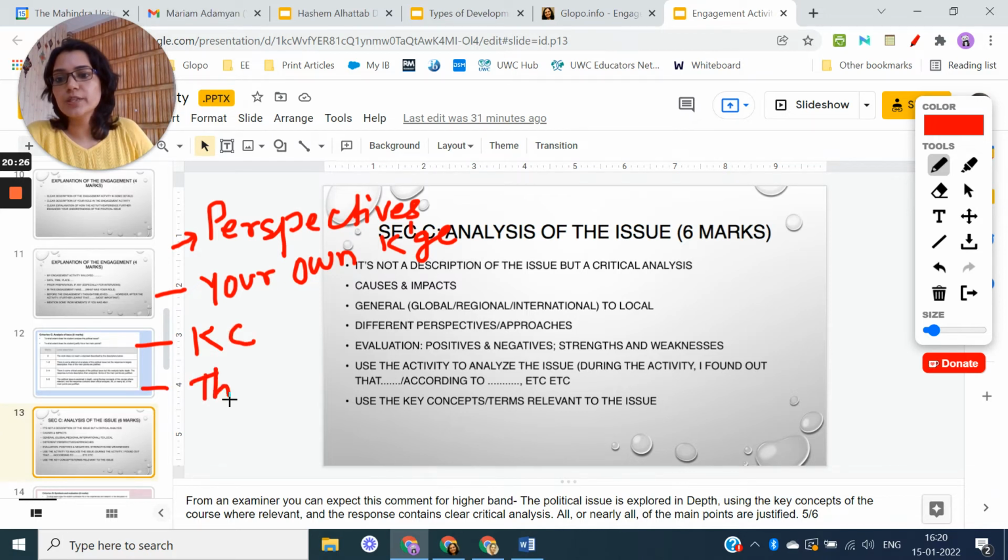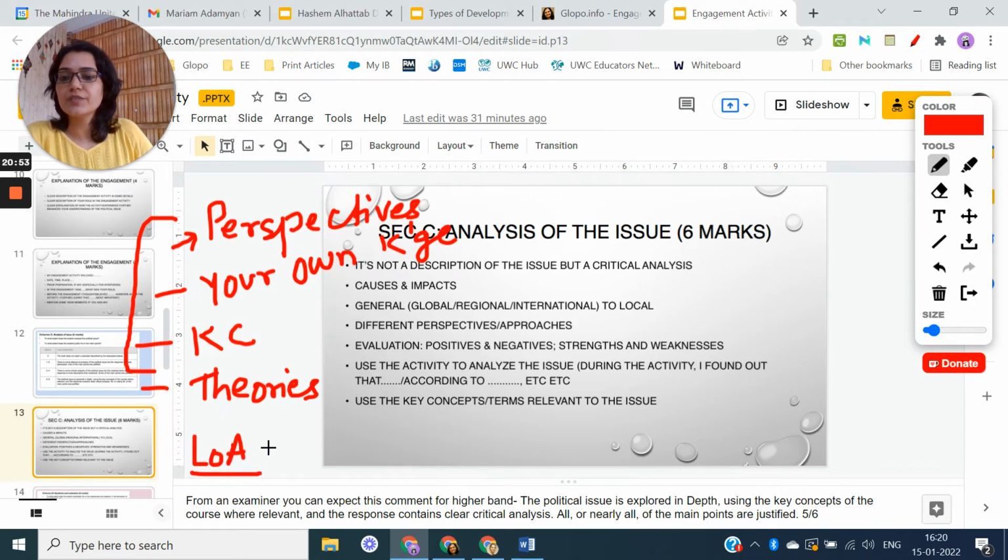In case you have any theories, which is not compulsory, you would be using those as well. So this is the culmination of all these things: the different perspectives, your own knowledge, key concepts, and theories. What I have written down is: causes, impact, general to local. So definitely you are talking about the levels of analysis.